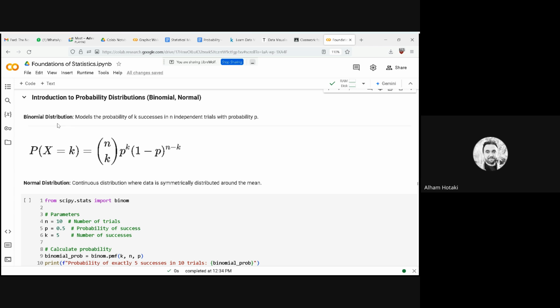What is the distribution? It actually models, it visualizes the probability of k successes. For example, we want to know the probability of heads in a coin flip, and how many times we did that flip.